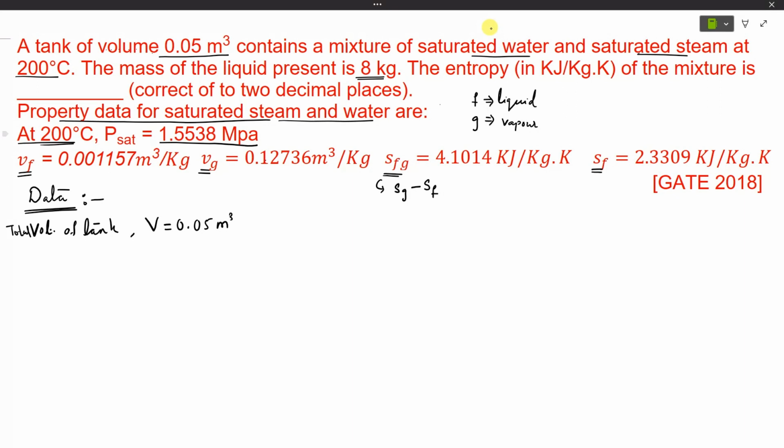Next it is given that the mass of liquid present in the tank is 8 kg. So mass of liquid, let's say that is mf is equal to 8 kg.